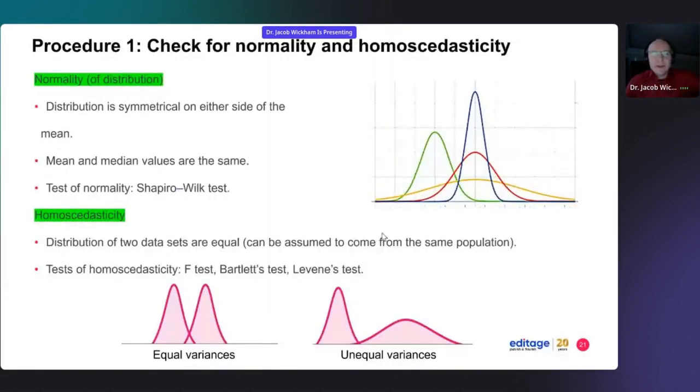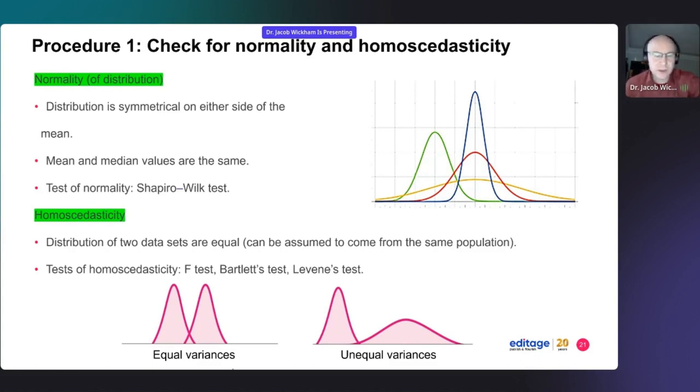So after you look at the distribution of your data and you can visualize your data, then you can start testing your data. And one of the first checks that you can do is check for normality and homoscedasticity. Homoscedasticity is that the variances are equal between 2 populations.